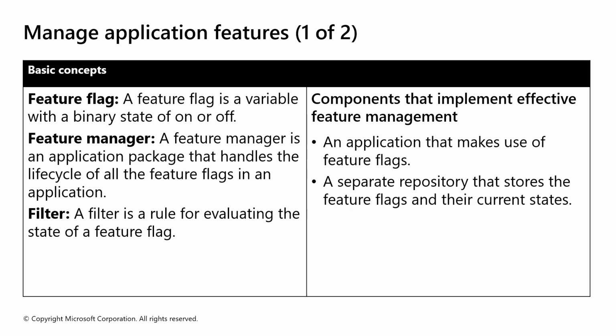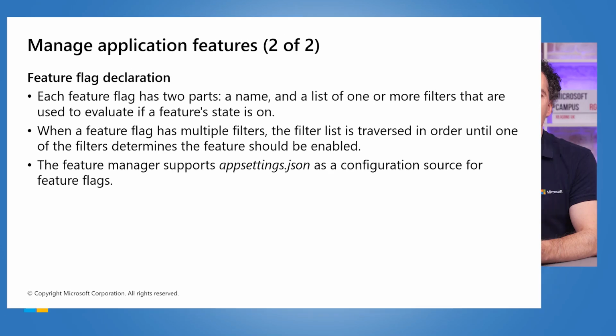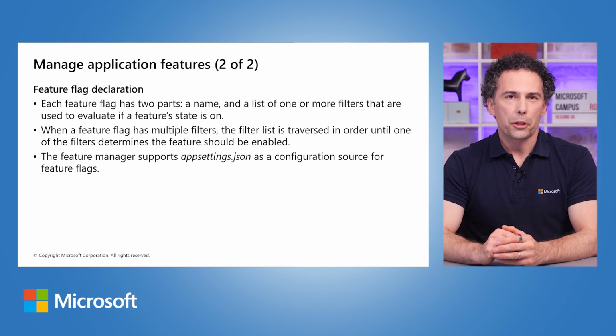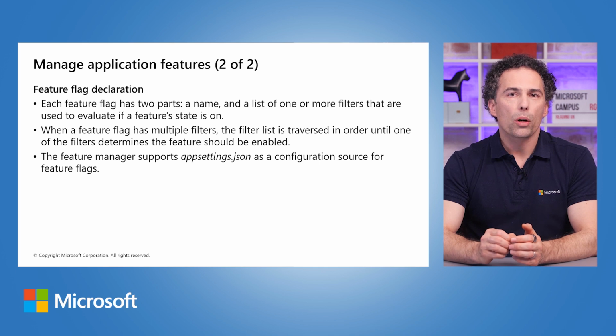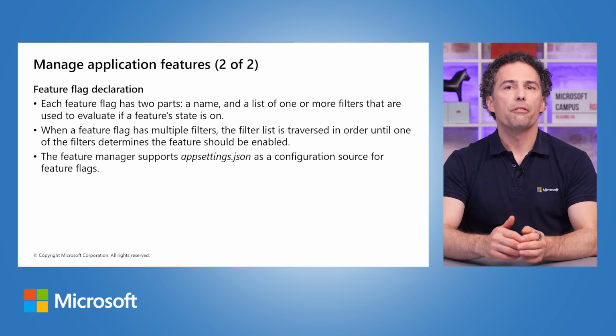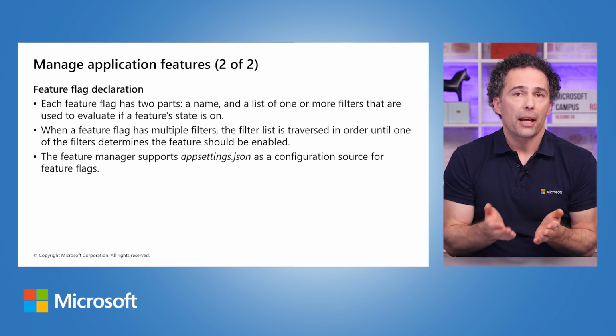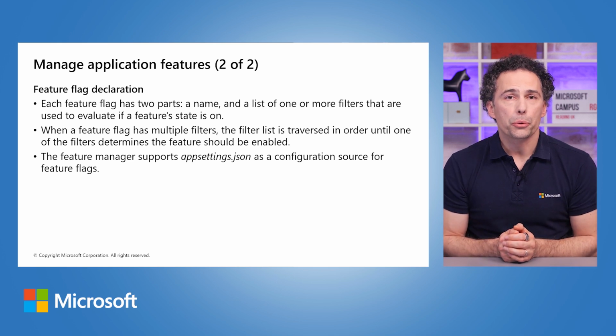For feature management to work well, it needs at least two parts that work together: an application that uses feature flags, and a different place that keeps the feature flags in their current state. This place is Azure App Configuration. A feature flag declaration consists of two parts: a name and one or more filters that check if a feature state is on, that is, when its value is true.